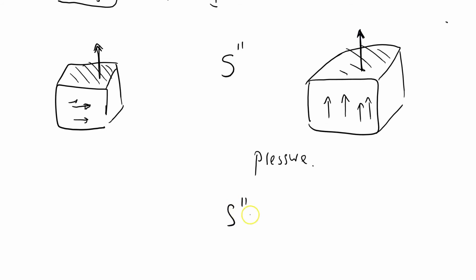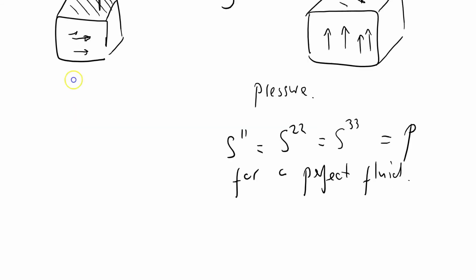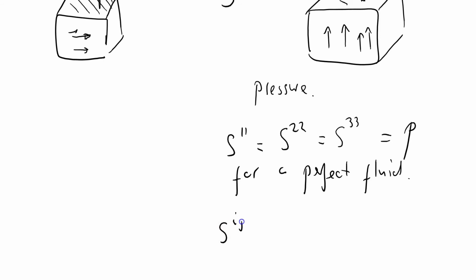And, of course, S11 equals S22 equals S33 equals P for a perfect fluid. I have said this before, but I didn't emphasize it. Okay, and also, Sij equals 0 if i is not equal to j for a fluid.